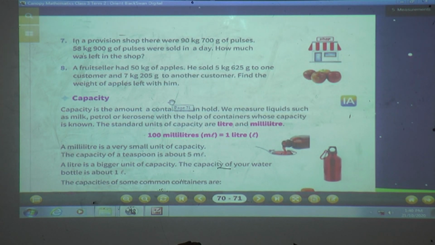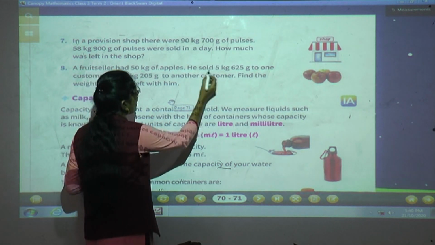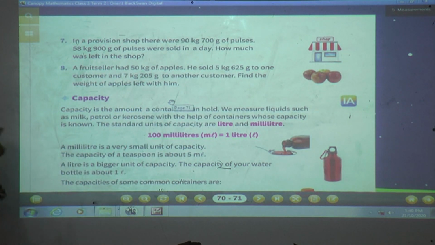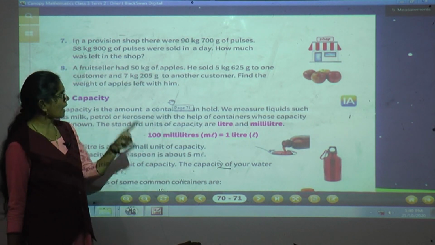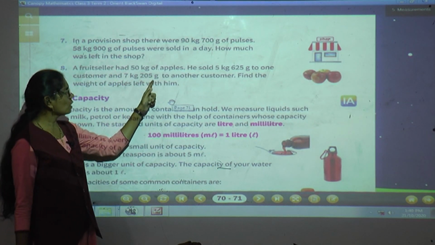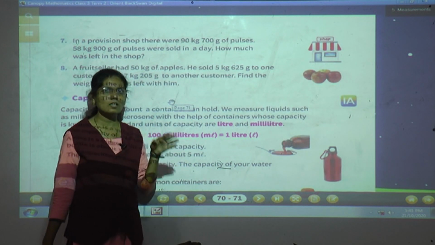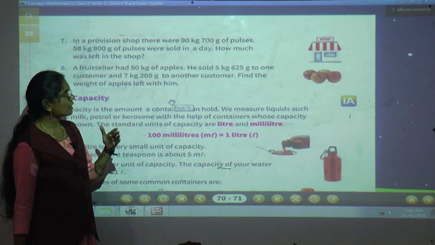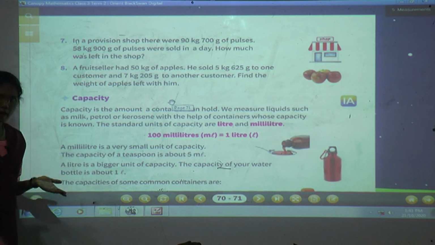So what you have to do? First of all you have to add the weight of the sold apples. He sold 5 kg 625 gram to one customer and 7 kg 205 gram to another customer. So initially first we have to find out the weight of the sold apples.